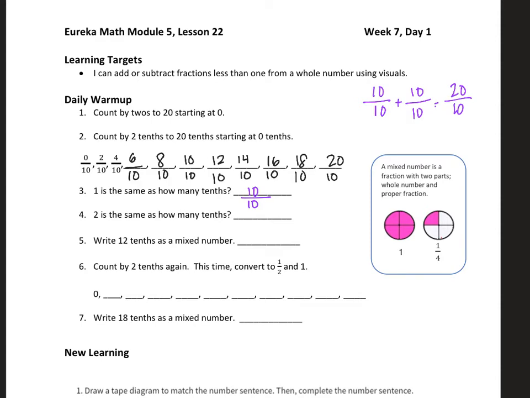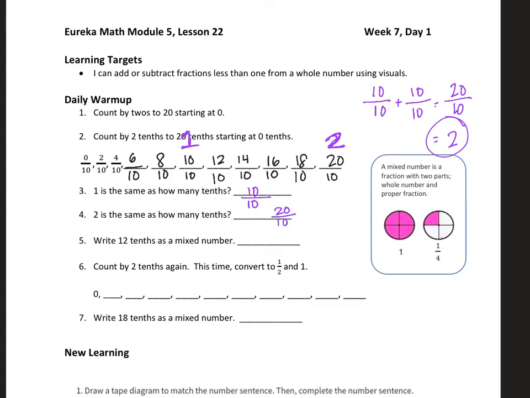And I also know this is the same as 2 wholes because 10 goes into 20 2 times. All right, so we know that 10 tenths is the same as 1 whole, and 20 tenths is the same as 2 wholes. Okay? All right, so then on this line, I'm going to write 20 tenths.